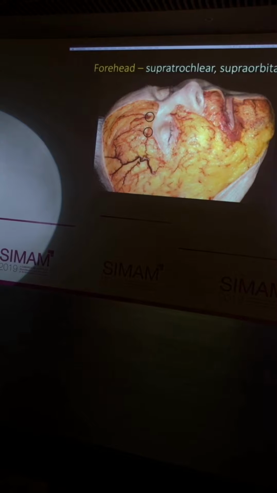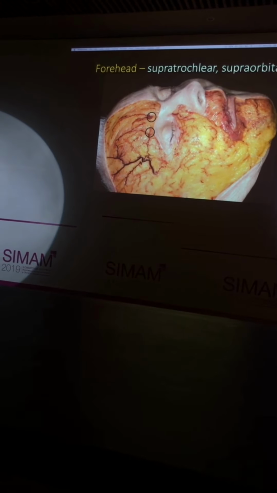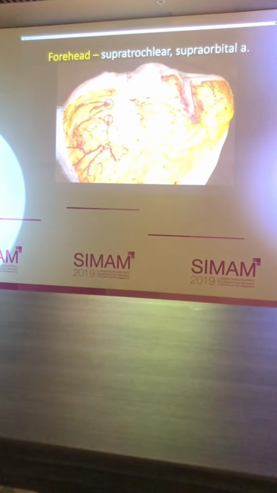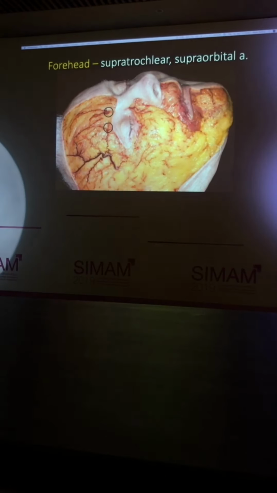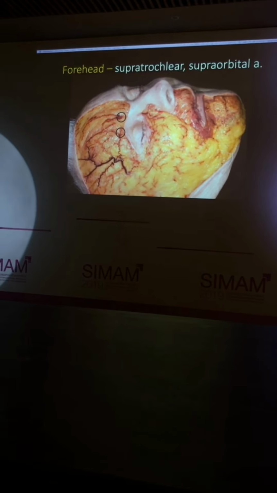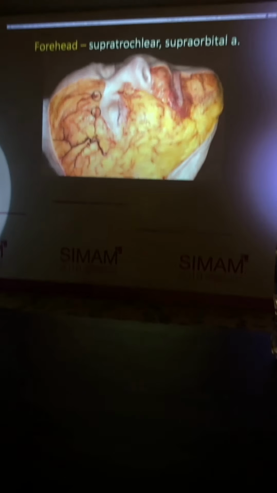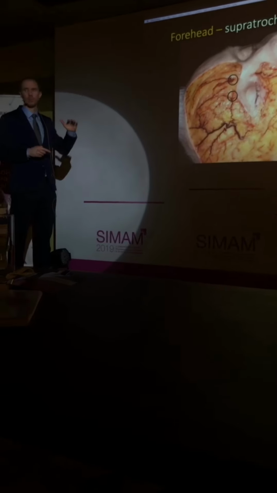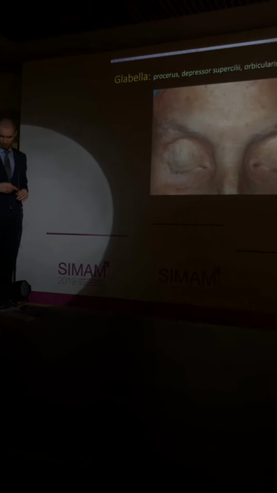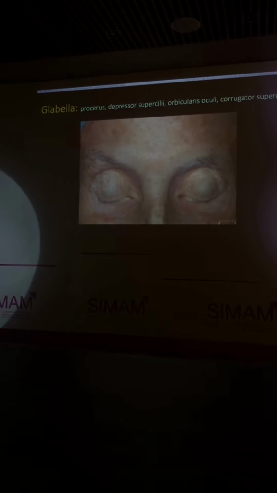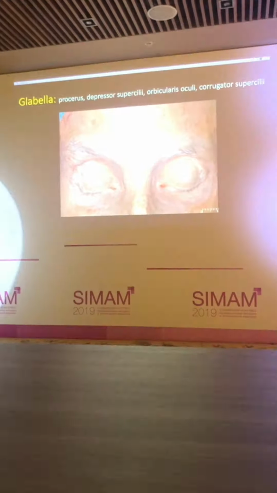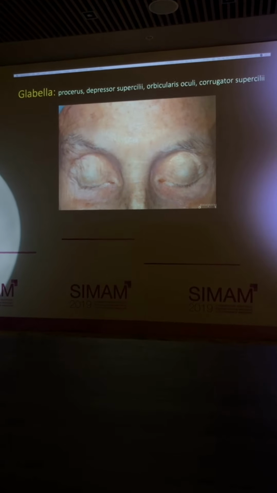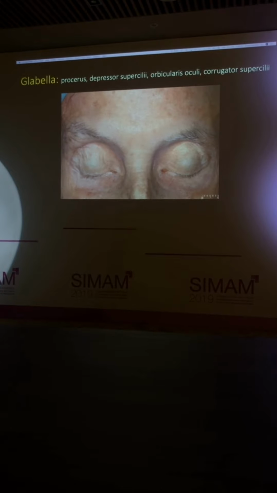That's what we usually know about it, but we have to learn really how they course from the deep to the more superficial layer, and at what depth they lie.